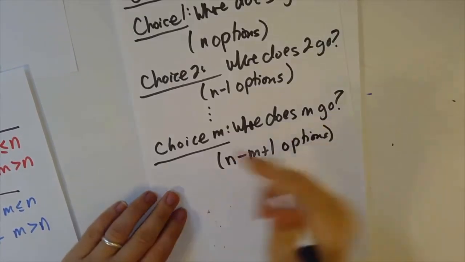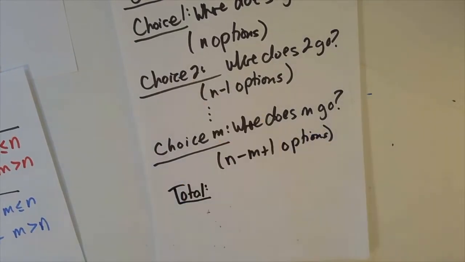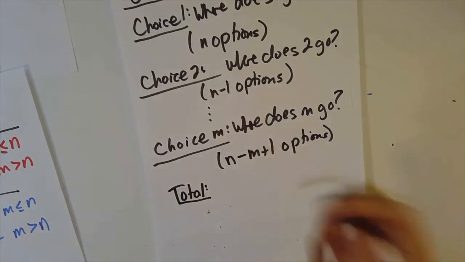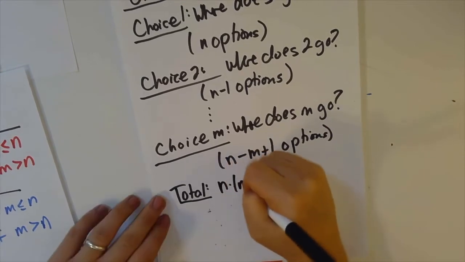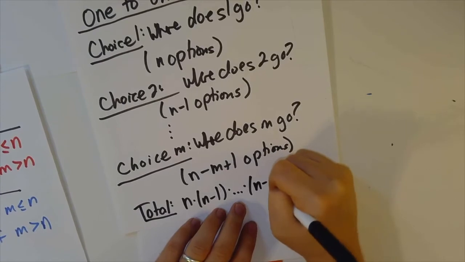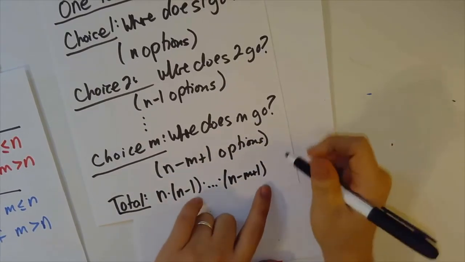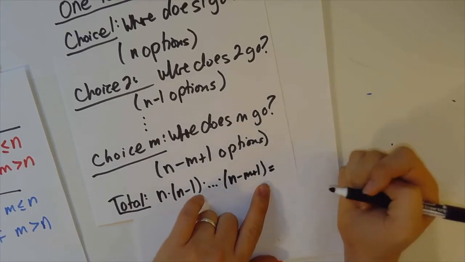Okay. Which is to say that the total number of one-to-one functions from the set m to the set n is going to be n times n minus 1 times dot dot dot times n minus m plus 1. But here's where we might realize we have a name for this number.